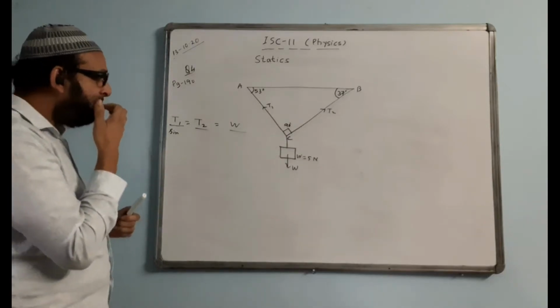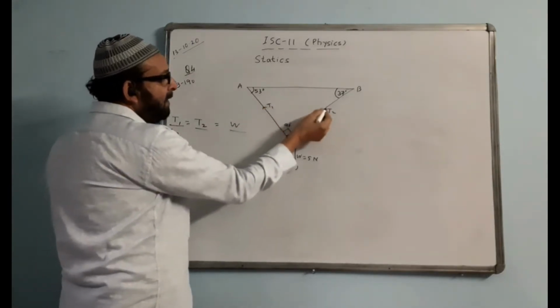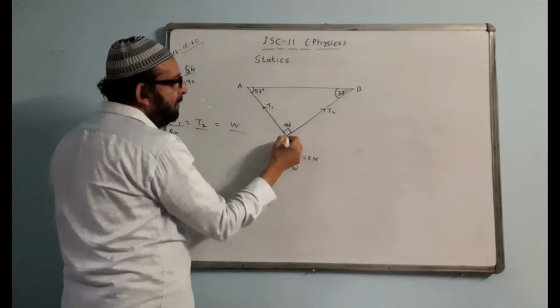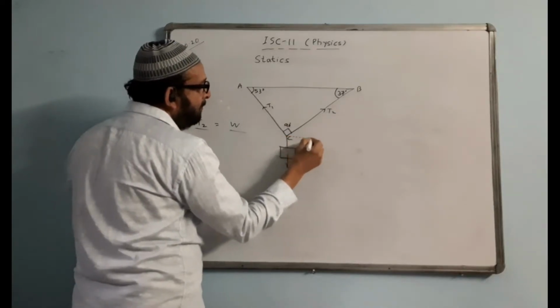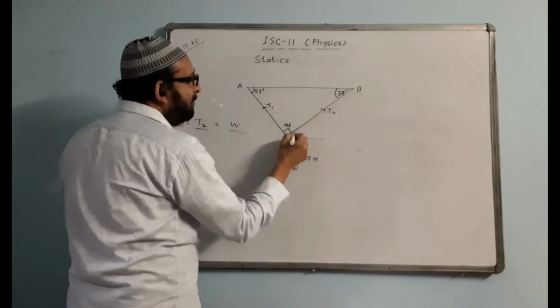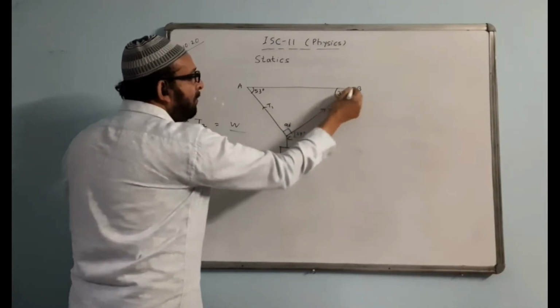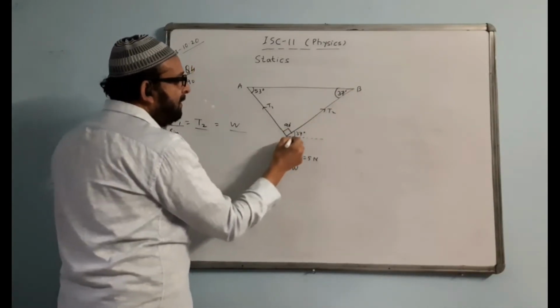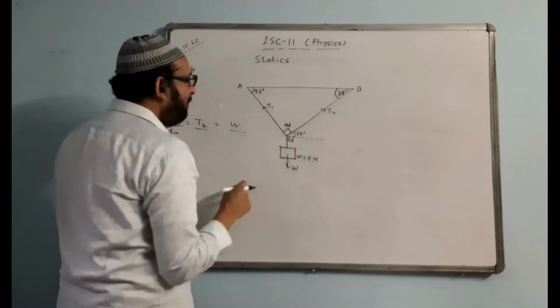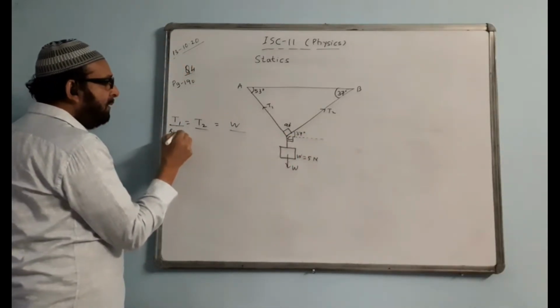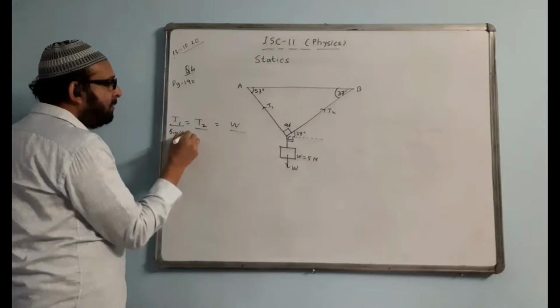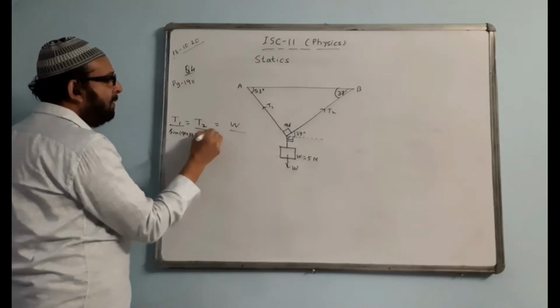When we take T1, you have to take the angle between T2 and W. What is the angle between them? This is 37, so this angle will be 37, being alternate angle. This is 90 degree. So 90 plus 37, sin of that total angle.